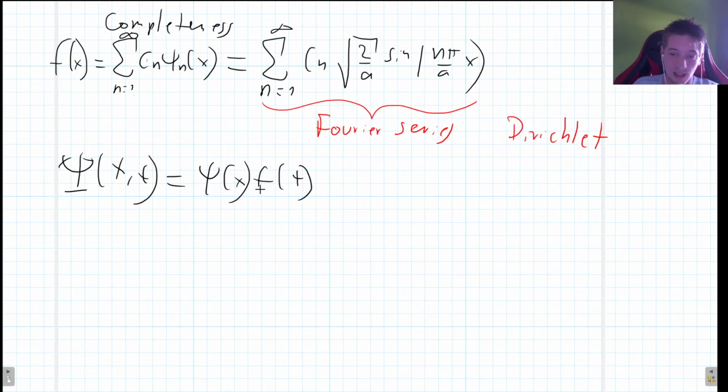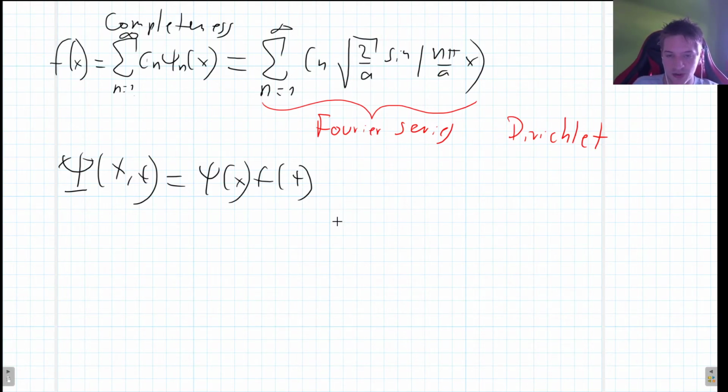I said only a subset of all solutions will be of this form. But what I told you is that it's not going to be a problem because these solutions will help us find all other solutions. And that is precisely because these solutions are a Fourier series that can generate any other function when you take enough of these n's, right?